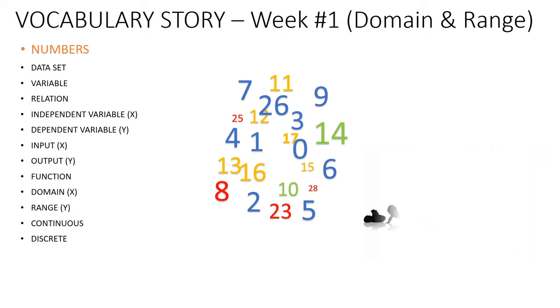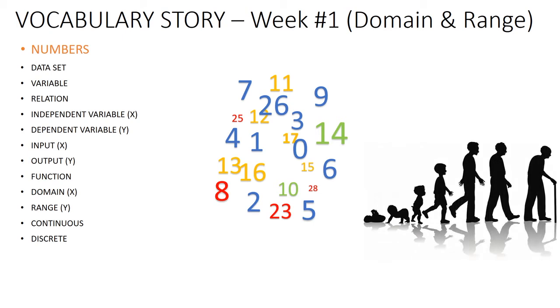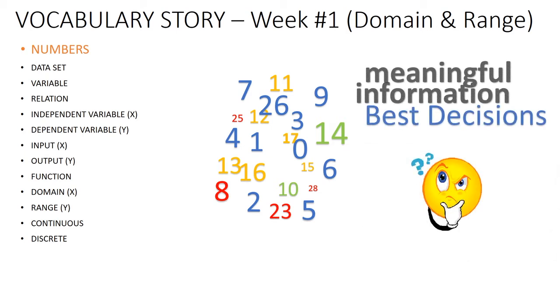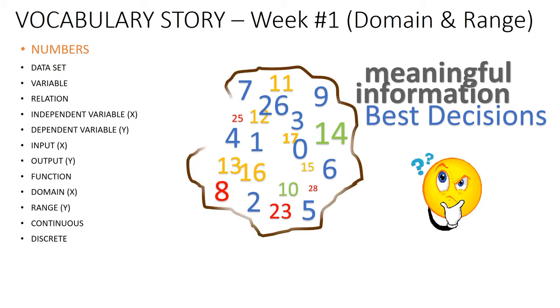in math and life, we develop a need for these numbers to provide us with meaningful information so that we can make our best decisions. For this reason, we begin to group numbers into sets that can quantify the different aspects of our lives.